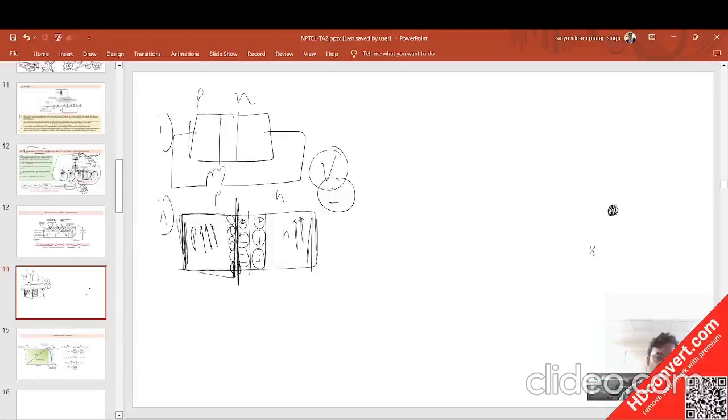The hole was drifting towards the P side, but this P will repel this hole. So it will come back into the depletion layer itself. What will happen to the electron when it moves to the N side? If the N keeps on increasing, then it will repel this electron itself.